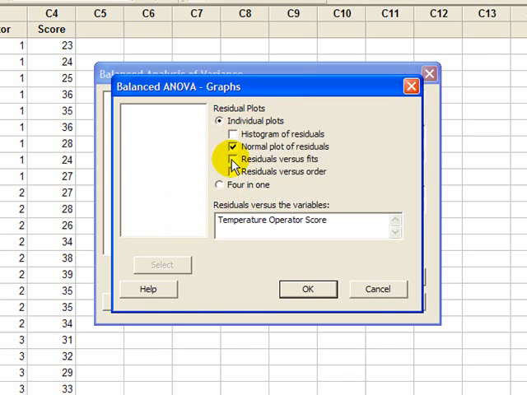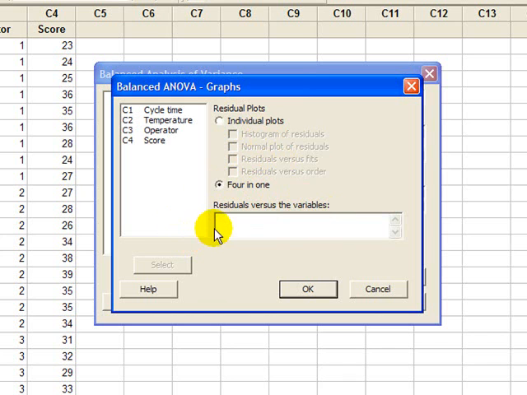Then I will select residuals versus the predicted values to see if the variance is okay or not. And anyway, this time I will do four in one, so I capture all four graphs.